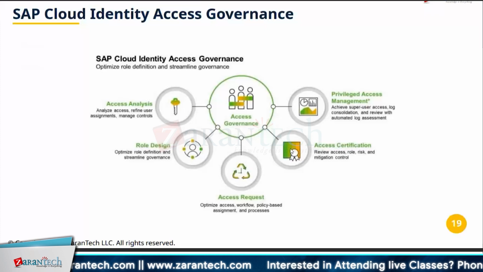Then finally, coming to the last part of this, overall, it's your SAP Cloud Identity Access Governance, or in short, your IAG. So these are all the services which your individual IAG service offers you. You can try to relate each of these services to your GRC as well, because this is again GRC for cloud, but it's named IAG because it's a separate product which SAP is trying to project.